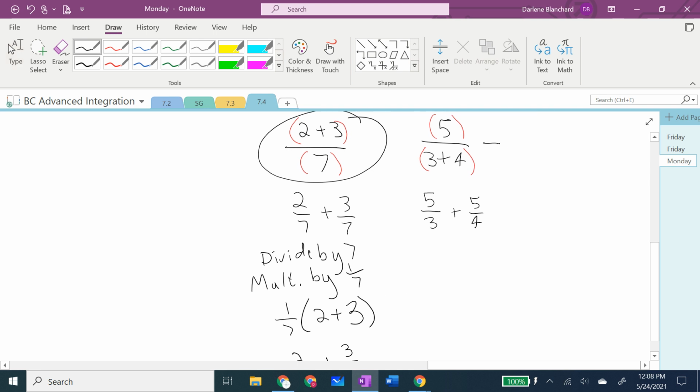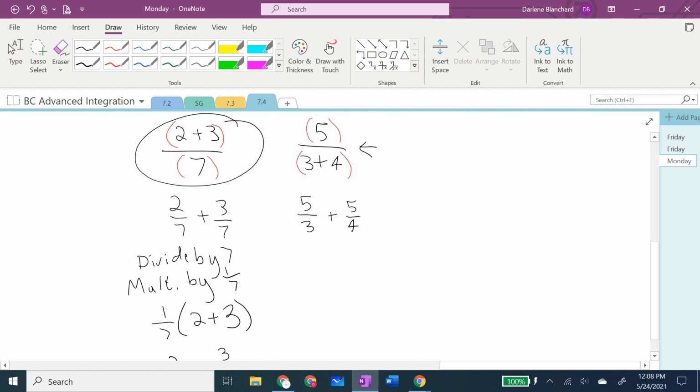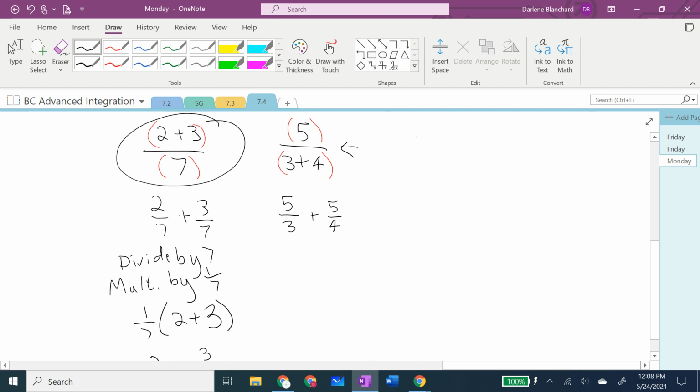But in this situation, I do not have the ability to say division is multiplication of a reciprocal.